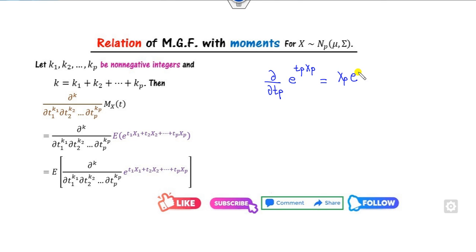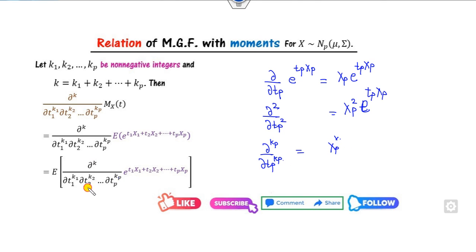That's xp e raised to power tp into xp. If you take the second derivative with respect to tp of this quantity, it will be xp square e raised to power tp into xp. And if you take the kp-th derivative, it will be xp to the power kp.